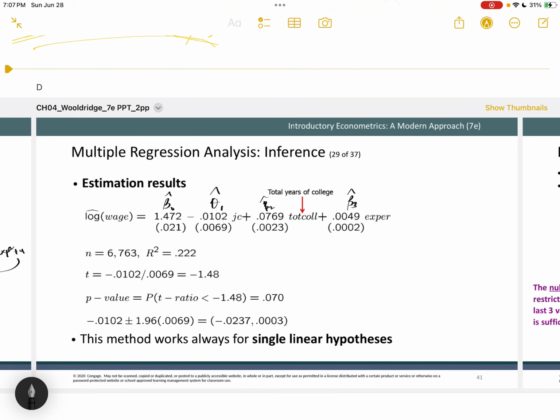When you do that, you're going to get this output where beta 0 hat is 1.472, theta 1 hat is minus 0.0102, and on and on and on. But what have you done? Well, theta 1 hat is the difference between your beta 1 and your beta 2.